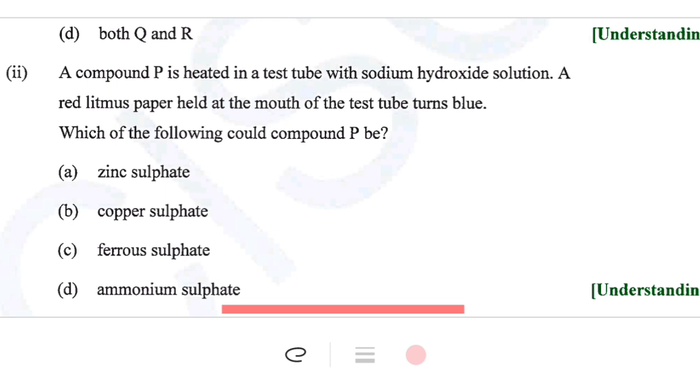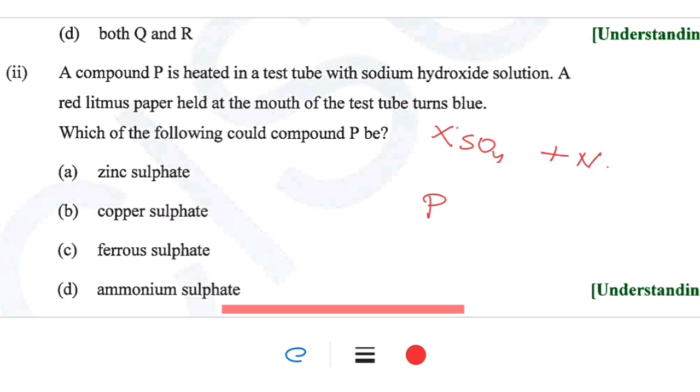Obviously all are sulfates, right? We don't know which sulfate it is, so let us write it as X.